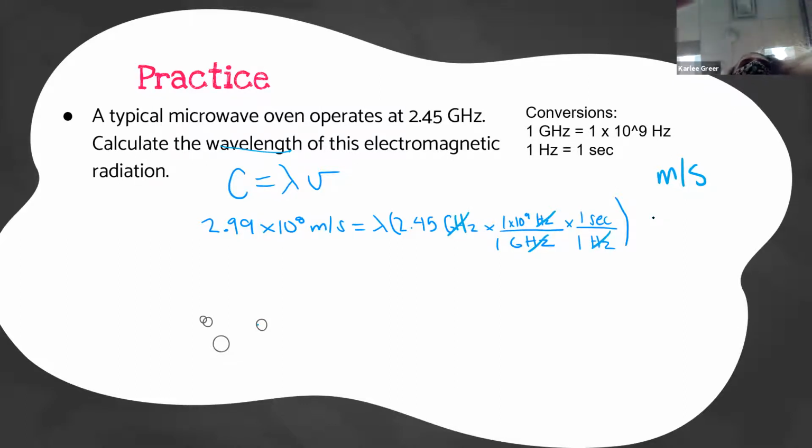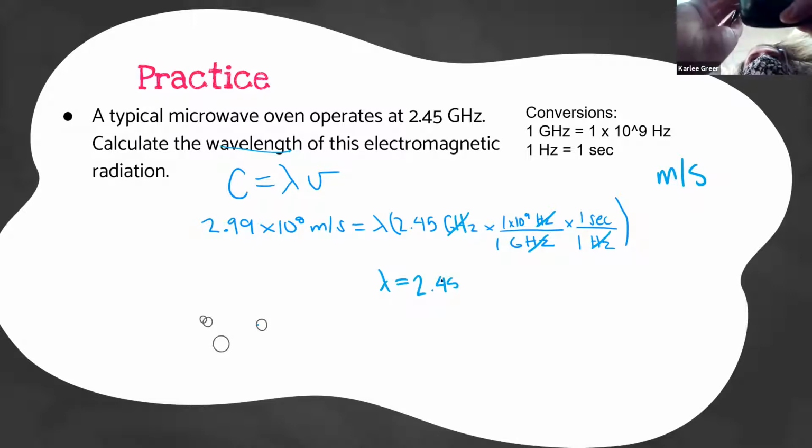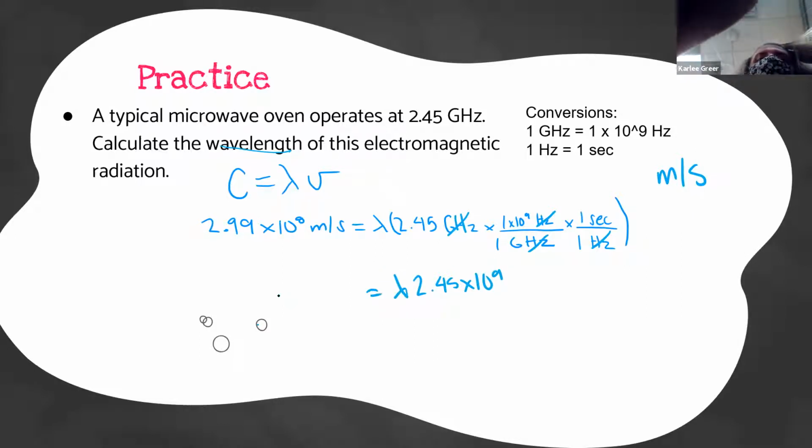If we go ahead and put that in the calculator here, we're going to get lambda equals 3 times 10 to the 8th, divided by 2.45 times 10 to the 9th. Sorry, I'm just going to be lazy and write 3 times 10 to the 8th.